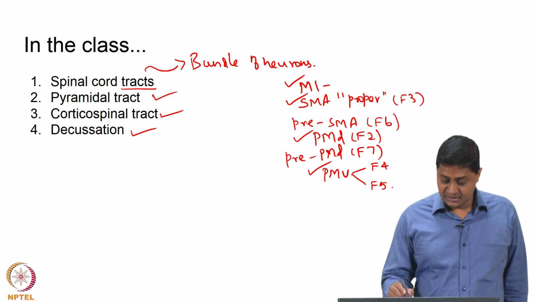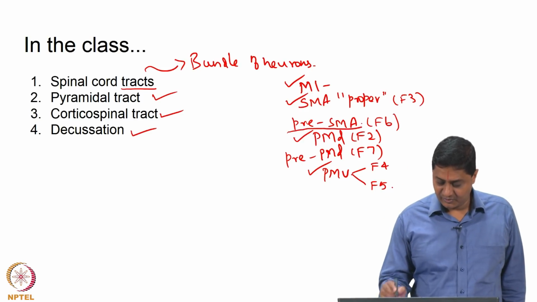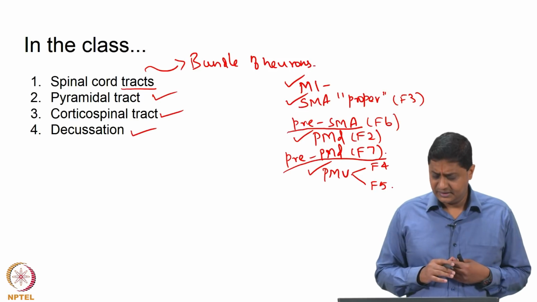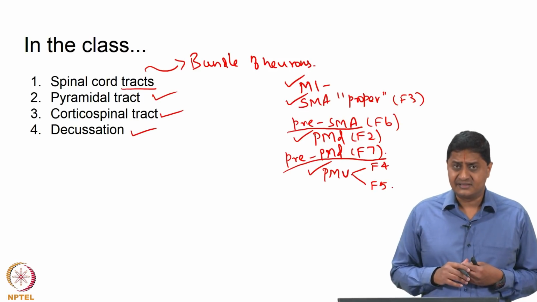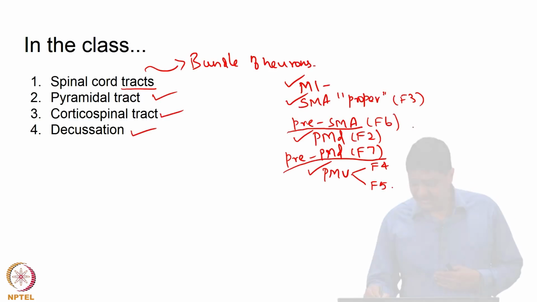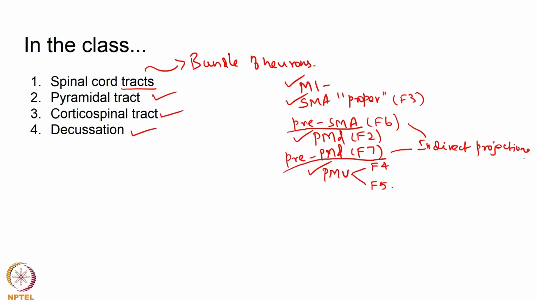That means the pre-supplementary motor area and the pre-dorsal premotor area do not send their tracts to the spinal cord directly, but rather they send indirect projections to the spinal cord, and that makes sense from our previous discussions.